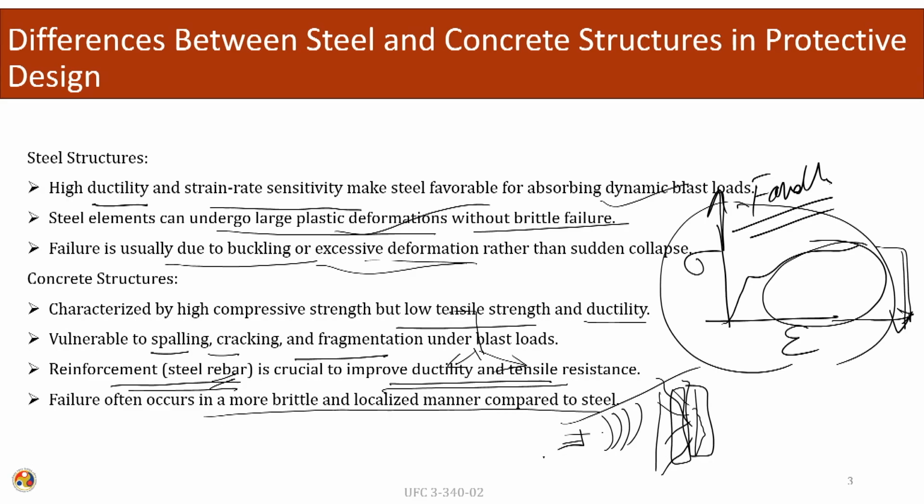So, even if we are designing using steel rebars as reinforcement to improve ductility and tensile resistance, due to the high impact nature of blast and impact loading, brittle and localized failure occurs more often in concrete structures.